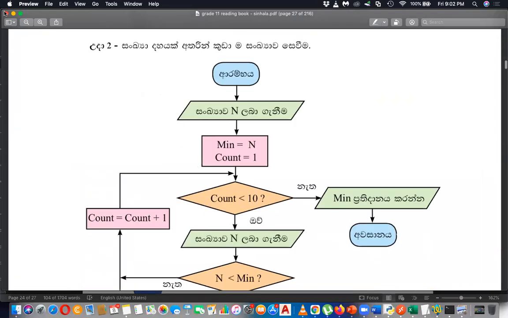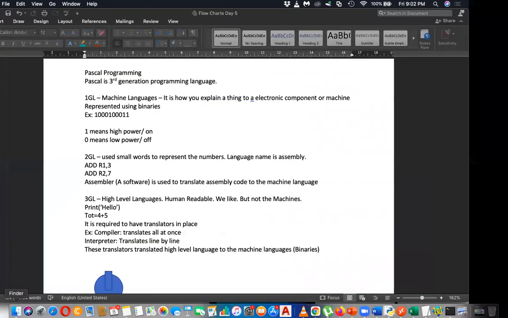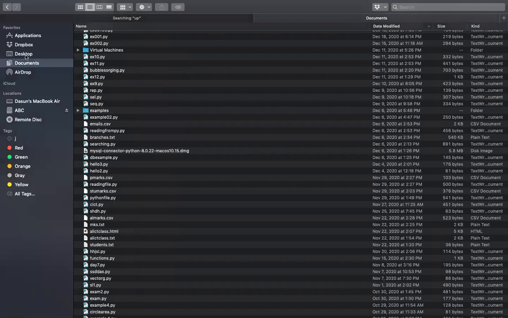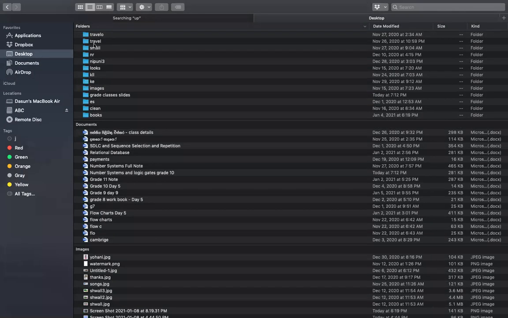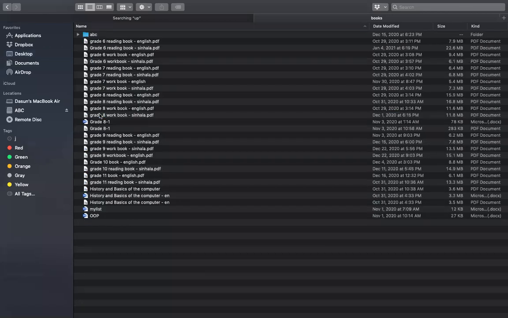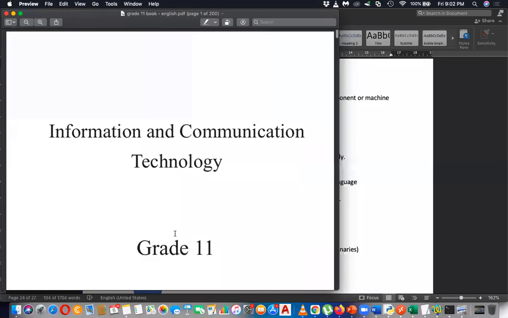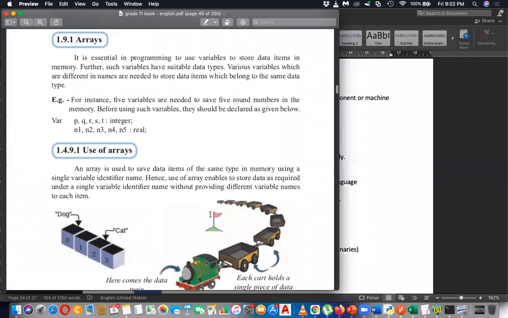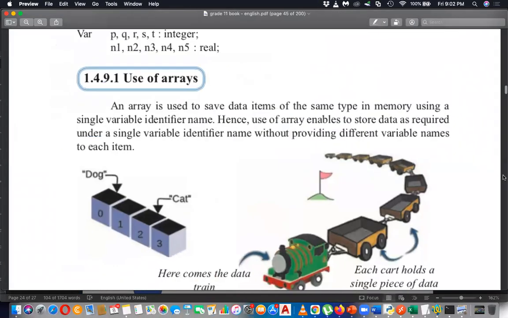This is your book. Let me turn on the book and go to it. You can download the book from Edmodo, right? If you have not downloaded it, you can go to Edmodo and download. That is Pascal programming 1.4, this part.